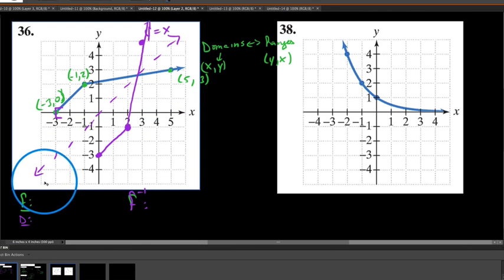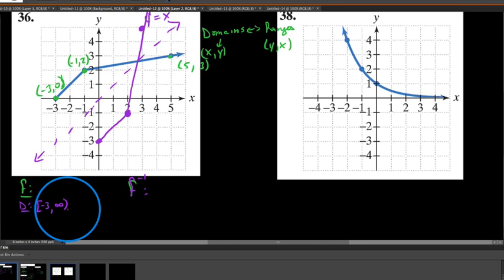To write that interval, we would use a bracket to include -3 and go out to infinity, but never including infinity. Also, the range of this function starts at a height of 0, the lowest it goes on the y-axis, and then it proceeds to increase forever. So we would go from a height of 0 on up, including 0.